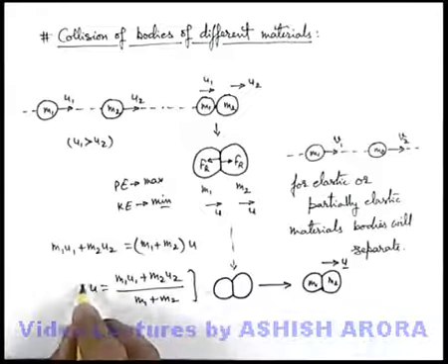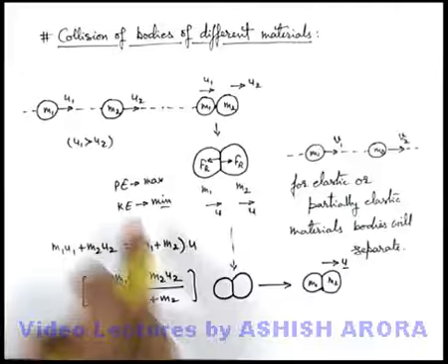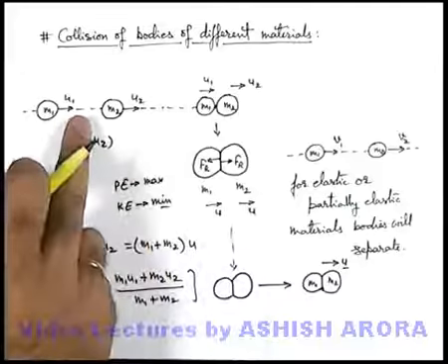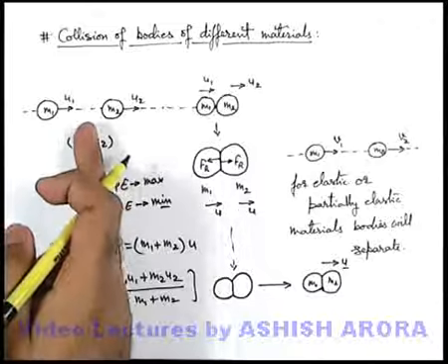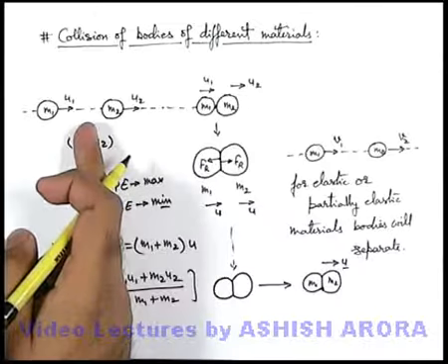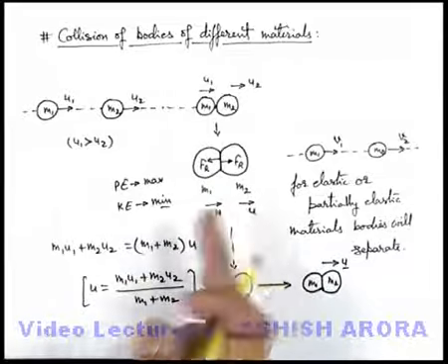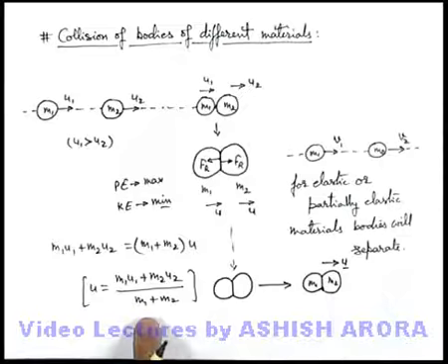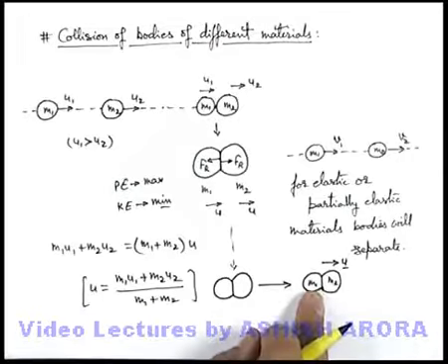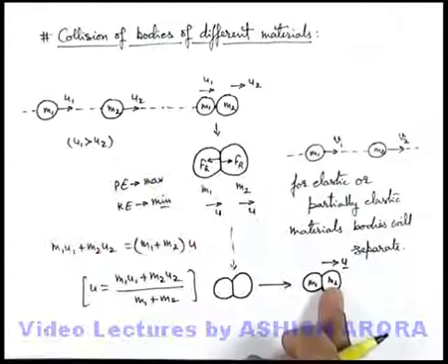Another important thing which you can see from this expression is the velocity of the center of mass of the two balls before collision. And we can say, as no external forces are acting on this system, the center of mass velocity will never change. So at every instant of time, the center of mass will carry on moving with the same speed, which we can verify, that after collision also the two balls are moving with the same speed as that of their center of mass.